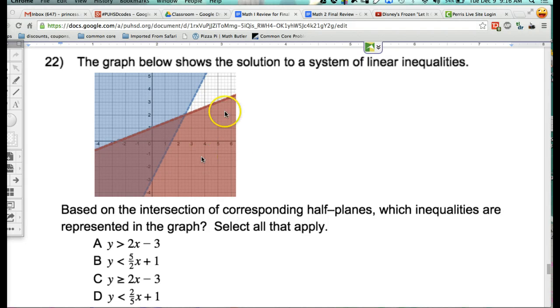Okay, so we learned how to do this, right? We see a graph and we gotta figure out what the equation is. We're going backwards. I know it's kind of difficult for you to see, but this is a 0 here and that is a 1. So if I want to figure out the equation for the red line, I gotta go backwards. I'm going to start with plus 1, and then I need to figure out the slope.